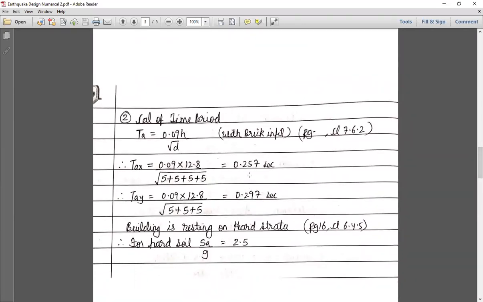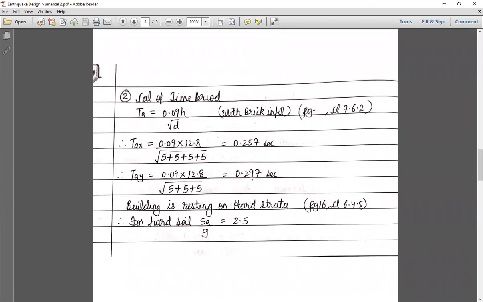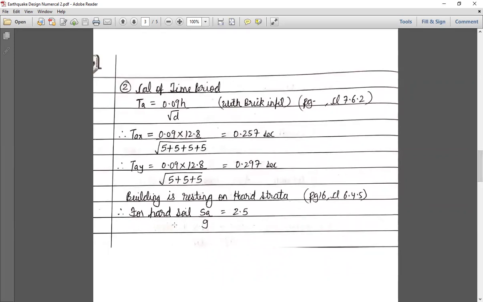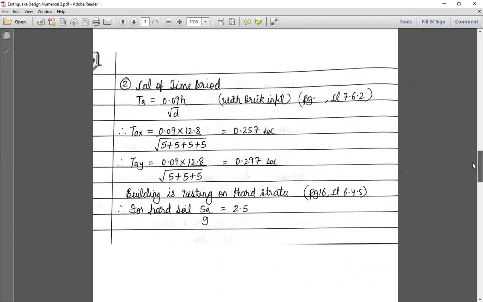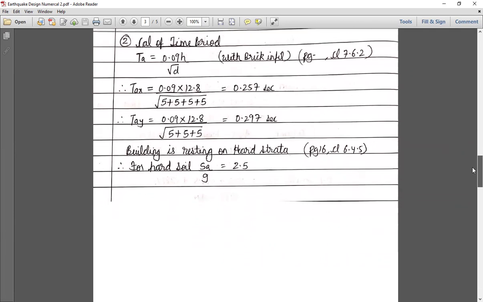So this is coming out to be 0.257, and time period in y direction is coming out to be 0.297. Now building is resting on hard strata. It is given in the question. So again, on page number 16, clause number 6.4.5, for hard soil, Sa by g ratio is given by 2.5. Okay. So now the time period is also calculated.